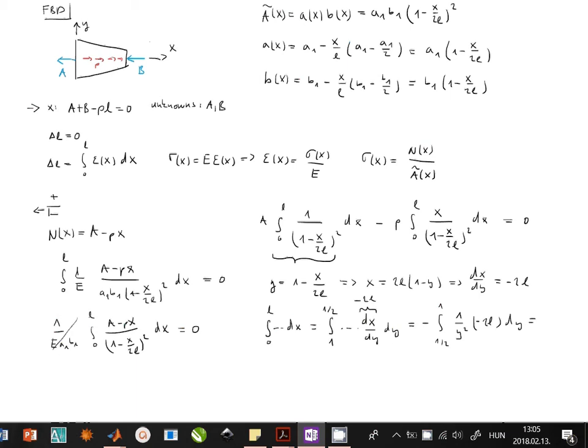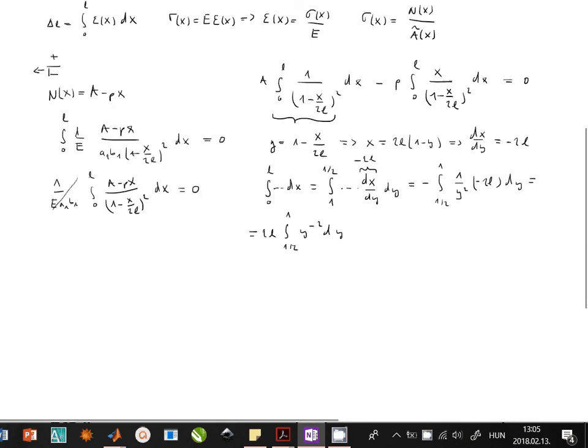So this is simply 2L times the integral from 1 over 2 to 1 of y to the minus second power dy. And what's the primitive function of y to the minus second? It's minus y to the minus 1, because if we differentiate minus y to the minus 1, we will have y to the minus 2.